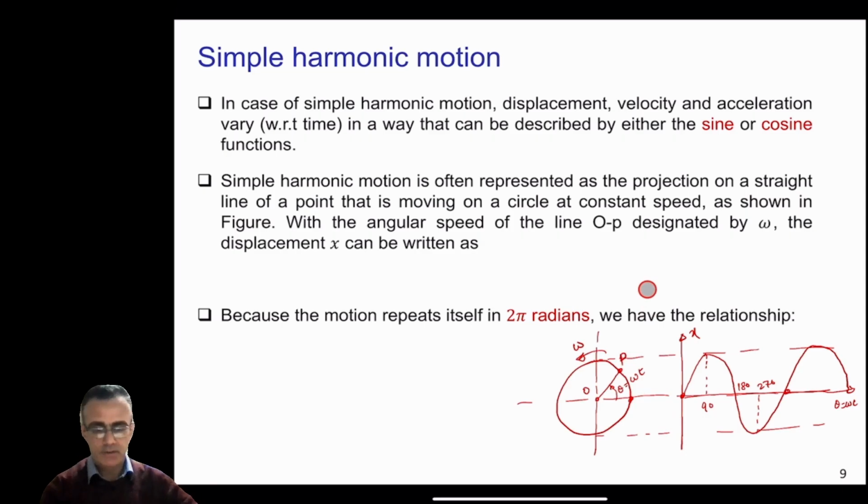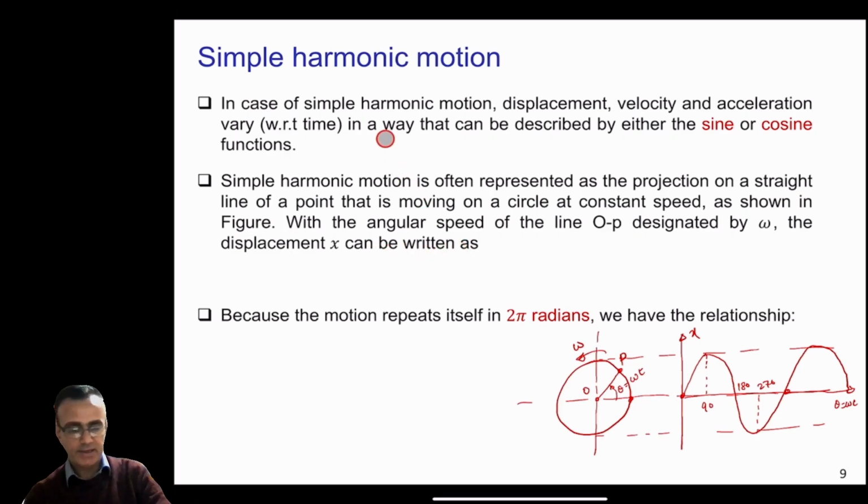So in this case, simple harmonic motion is often represented as a projection on a straight line of a point that is moving on a circle at a constant speed. If the point P is moving on a circle, and you project this on this line here, you will see this plot here. With the angular speed of the line OP designated by omega, the displacement x can be written as this.